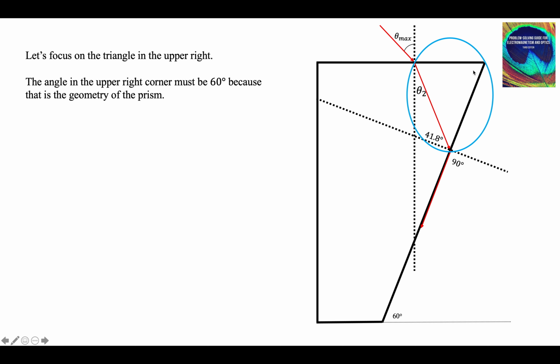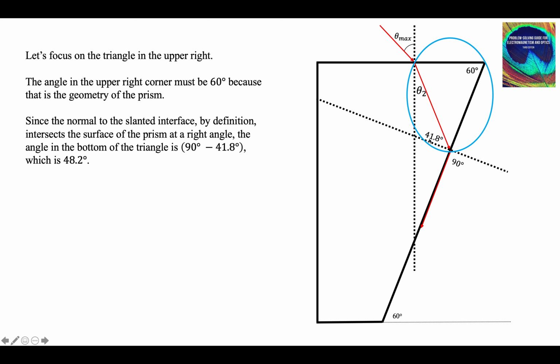This angle must be 60 because this angle is 60 at the bottom, just from the geometry of the prism. That's 60 degrees. This has to be 60 degrees. We can get this angle because the normal, by definition, is 90 degrees, and we can subtract 41.8 from 90 degrees, and we get 48.2, so that's this angle. Now we have two of the three angles that we need.